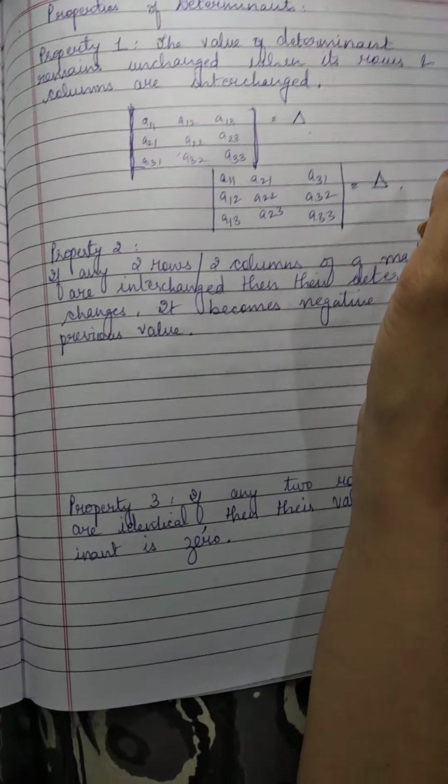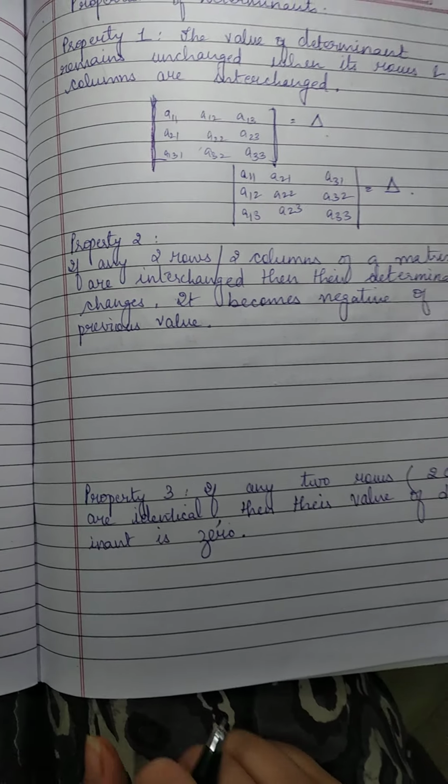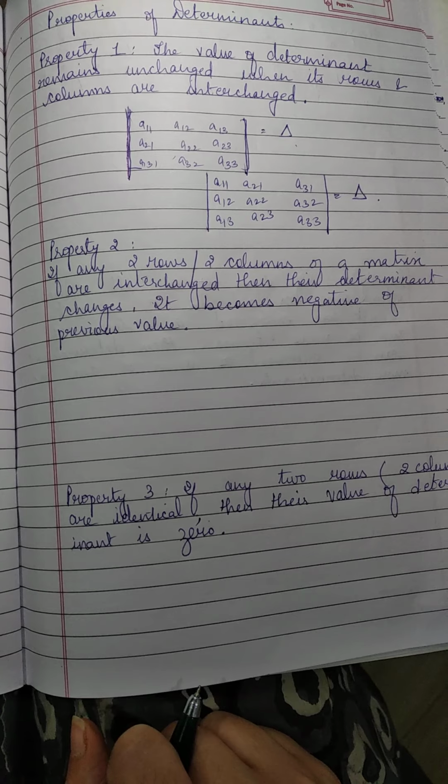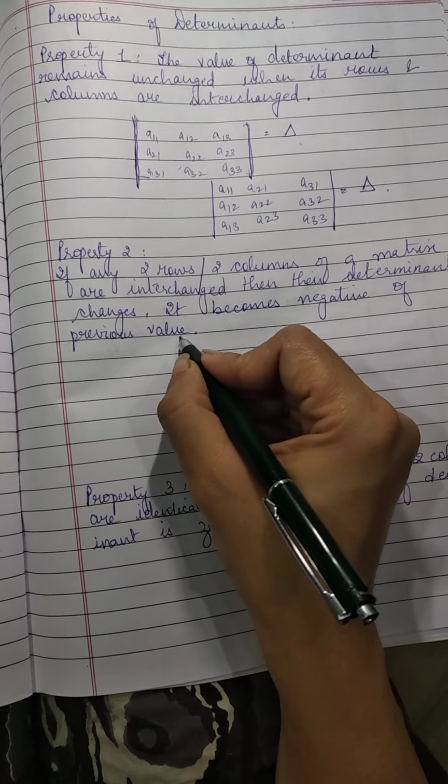Coming to the second one, that is, if any two rows or two columns are interchanged, then the determinant value changes. It becomes the negative of the previous one. What does this mean?